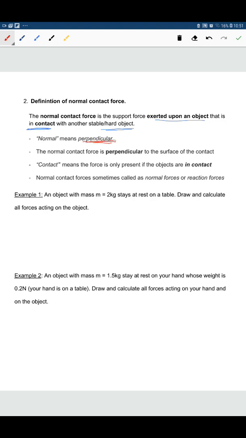The normal contact force is perpendicular to the surface of the contact. So if we have the contacting surface here, then the normal contact force has to be perpendicular.